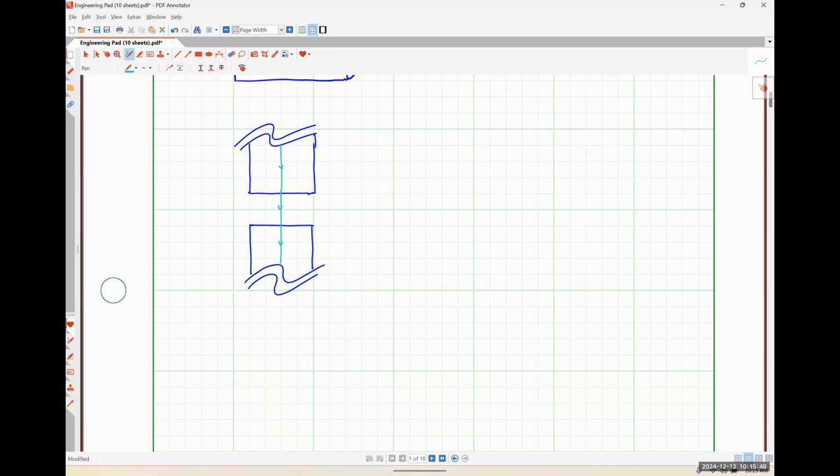But as we move away from the center of the face of our core, where there's an air gap, we're going to see that things start to spread, until we get to a point like so, where we have what are called fringing fields that extend outside of the normal flux path.